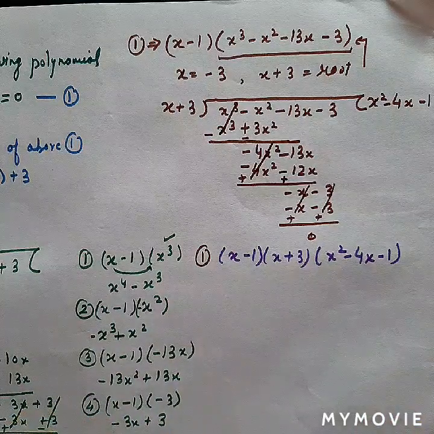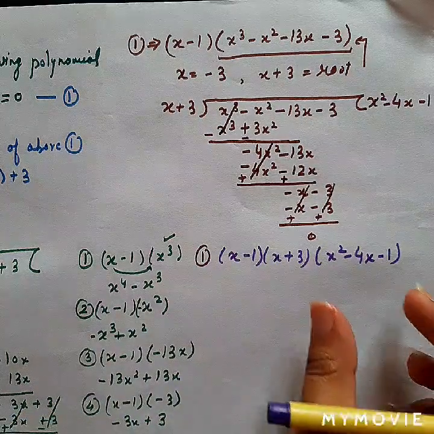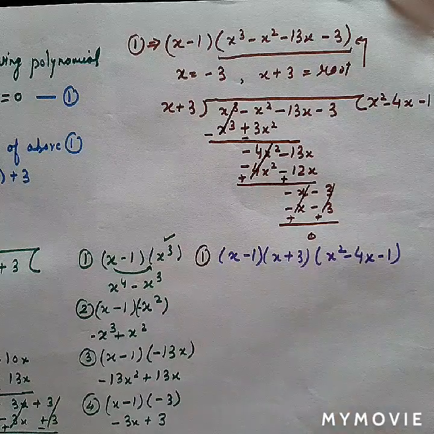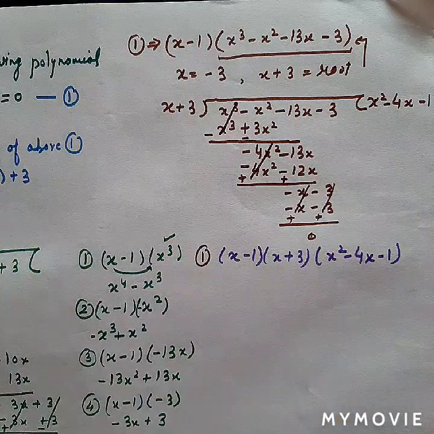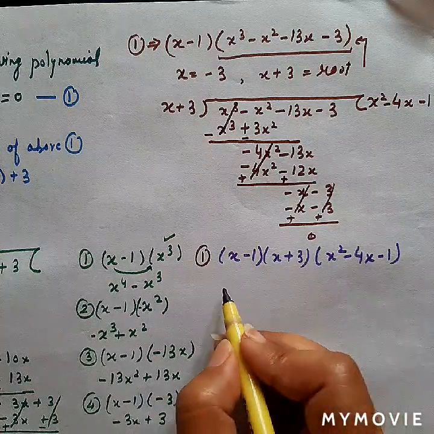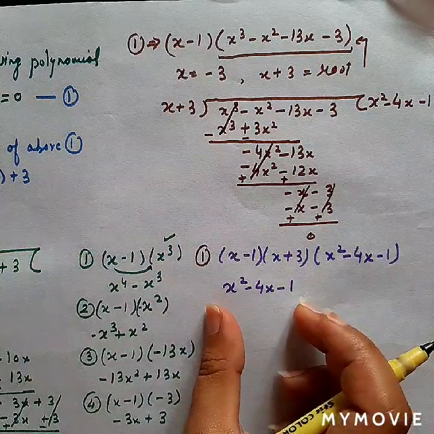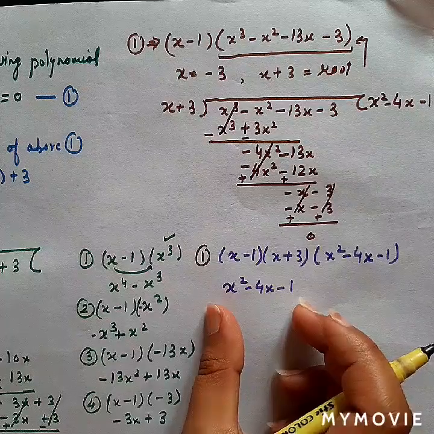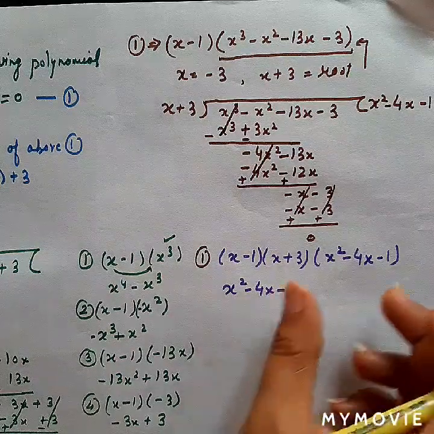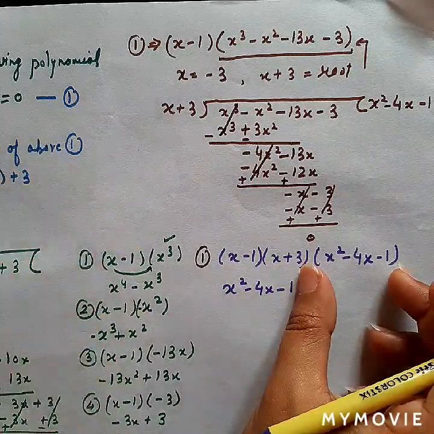Fine. Now I am left with this quadratic expression, x square minus 4x minus 1. I need to find factors of this quadratic expression, and factors will give us the roots of this equation and then the whole equation 1.